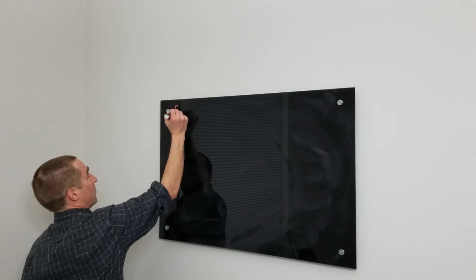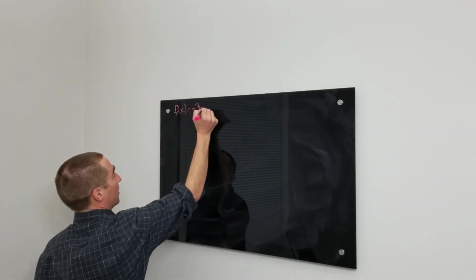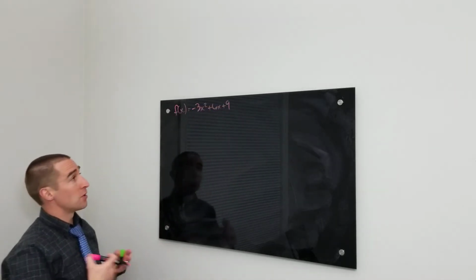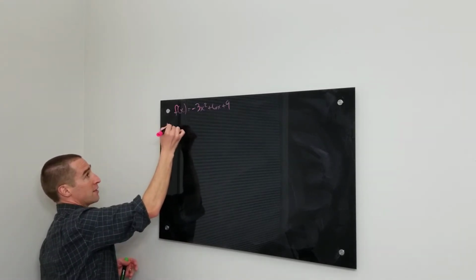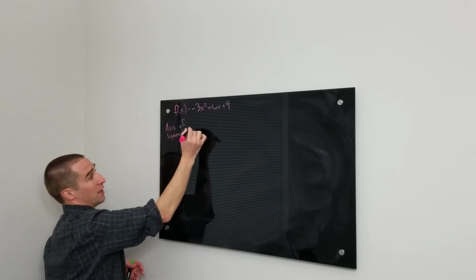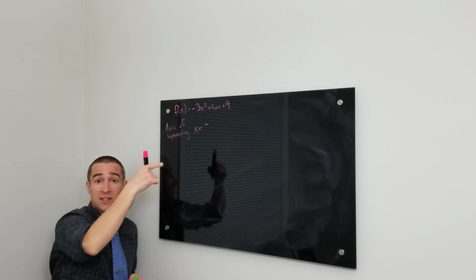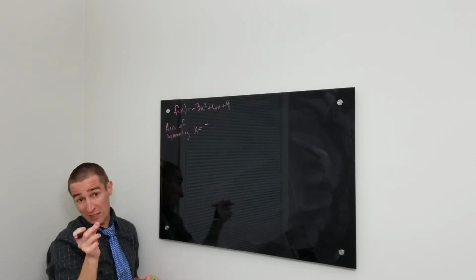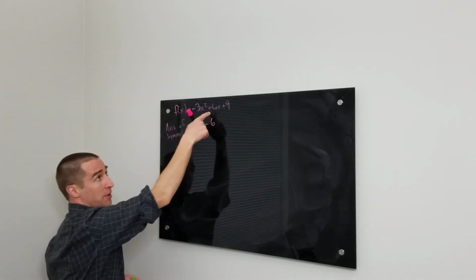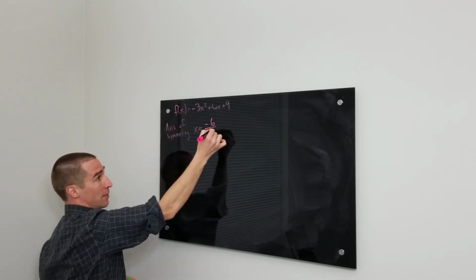We have f of x, or it could be y, equals -3x squared plus 6x plus 9. So first thing we're going to do is we're going to find our axis of symmetry, and that's at x equals negative the b value. So 6 is our b value because that's the number with the regular x. So it's this number, -6, or opposite sign of that, divided by 2a. A is the -3, so times -3.